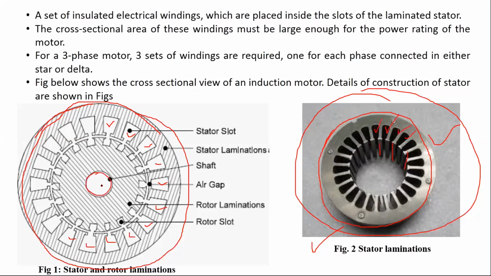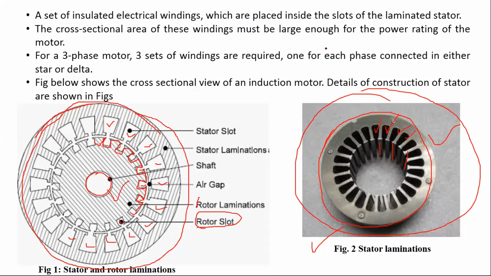This hole is used for the shaft. And this part is the laminated thin sheets for the rotor. The rotor is formed using laminated thin sheets of this formation, and the rotor windings are kept in these slots. These are known as rotor slots, and this is known as rotor laminations, meaning laminated thin sheets.